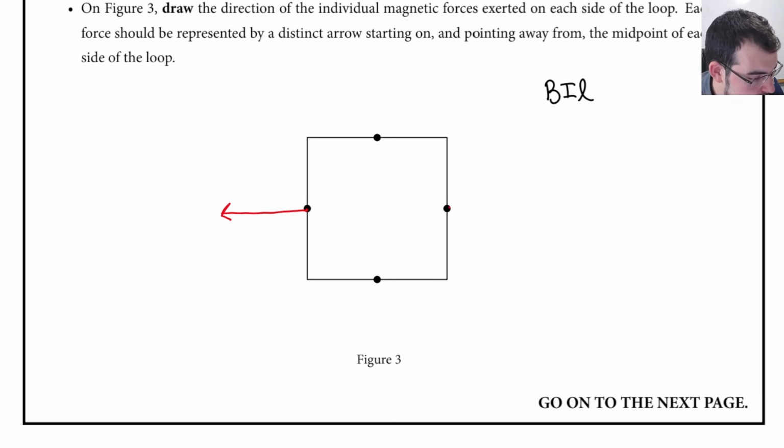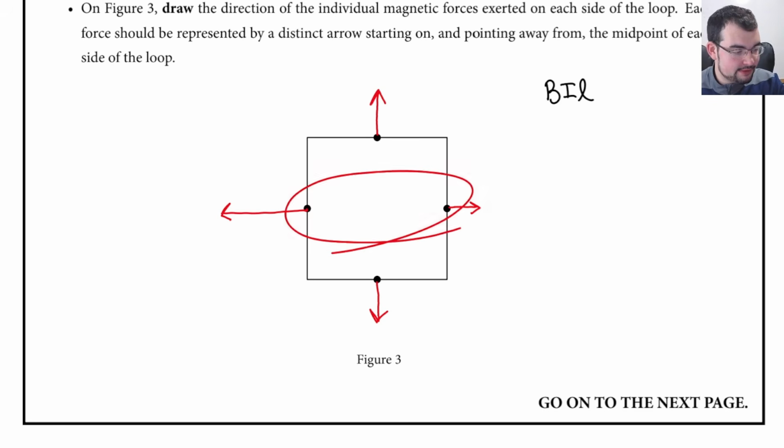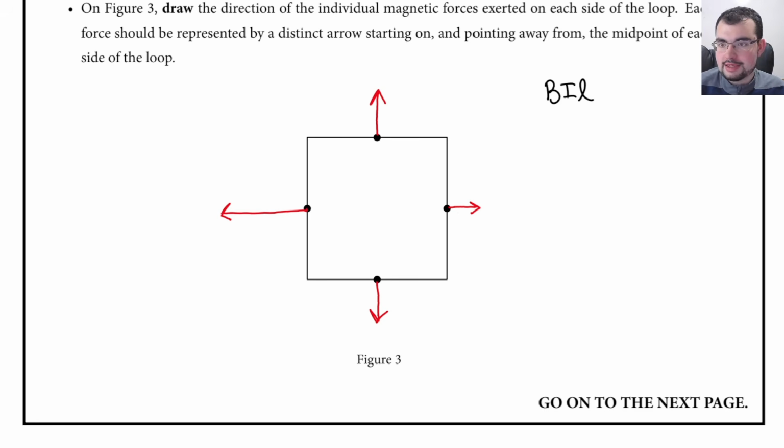It's the weakest at the far side of the loop. And the B field averages out to be somewhere in the middle on the tops and bottoms because it splits the difference in distance from the wire. So there's no grid there, so we're not grading it.